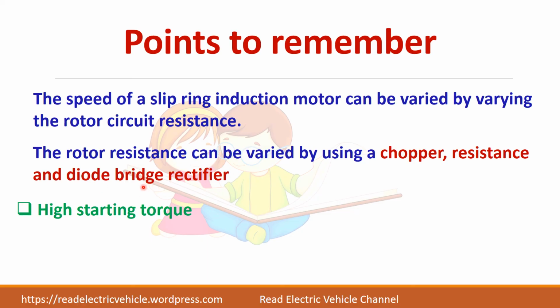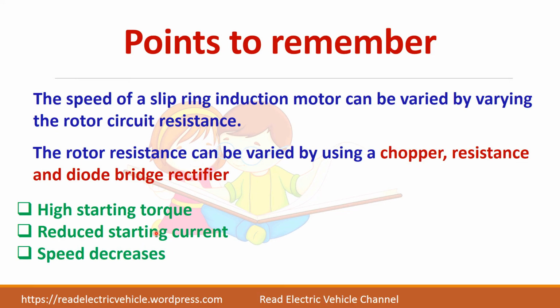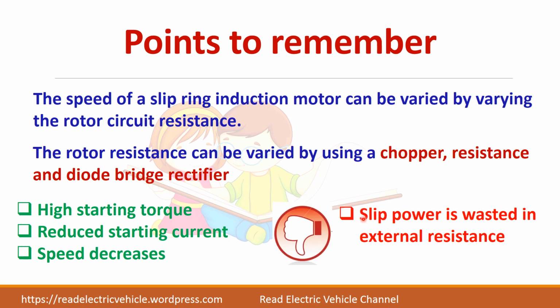By increasing the rotor resistance, we can achieve higher starting torque, reduce starting current, and the speed at which maximum torque occurs decreases. But there are some disadvantages, like in this method the slip power is wasted in the external resistance, and because of that we are getting lower efficiency.